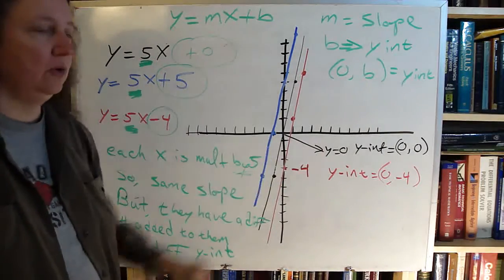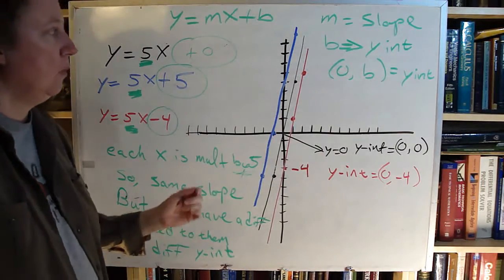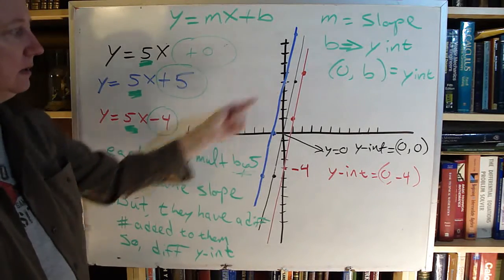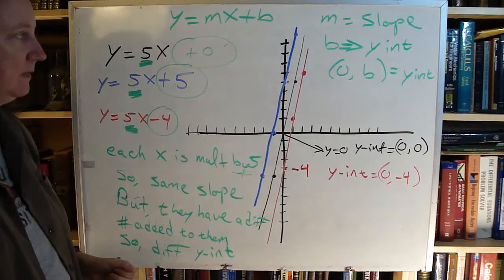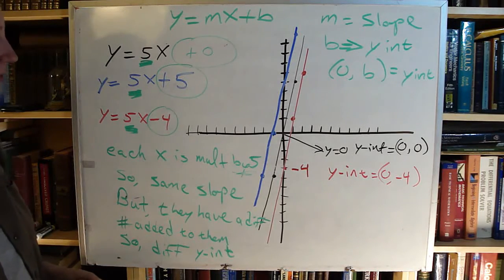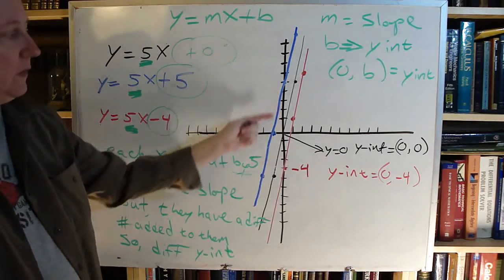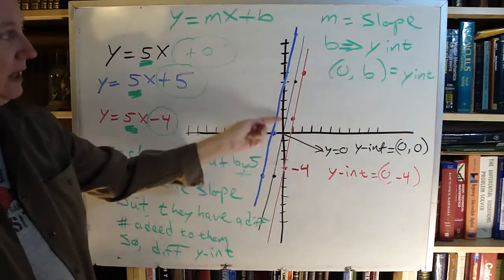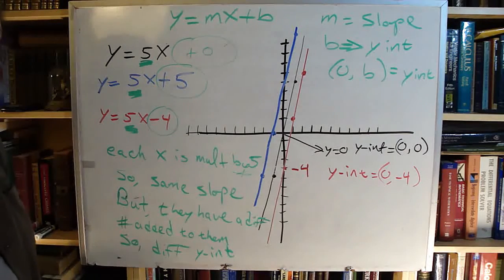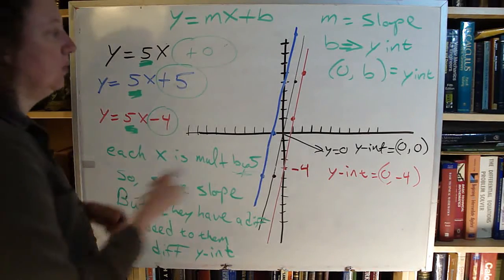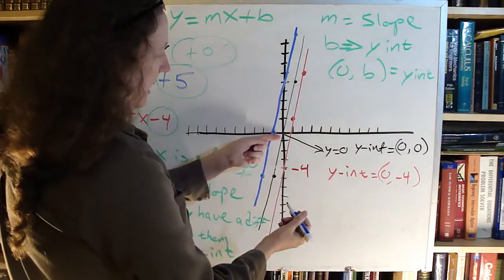So having seen these two examples, what is the y-intercept for my blue line? So you've looked at the equation, you've looked at the line itself, you've gone through to the point of counting out your numbers, you've looked at what I have circled for the blue equation. So where does it cross the y-axis?